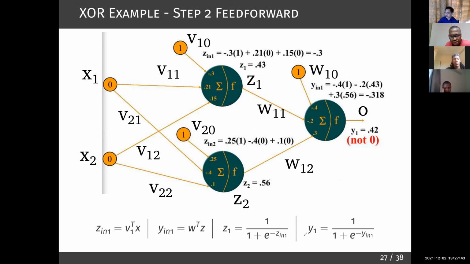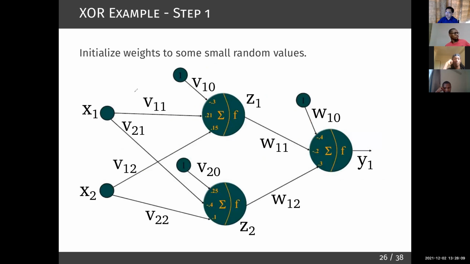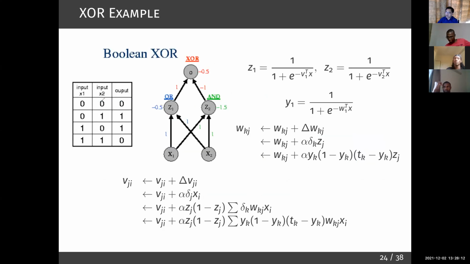Now we use this Z in, where you have Z in 1 to come out with Z1, and for Z2 you have Z in 2. We discussed that already, and in our feed forward process, we see that the output is not zero. We chose the input to be 1 1, I think.